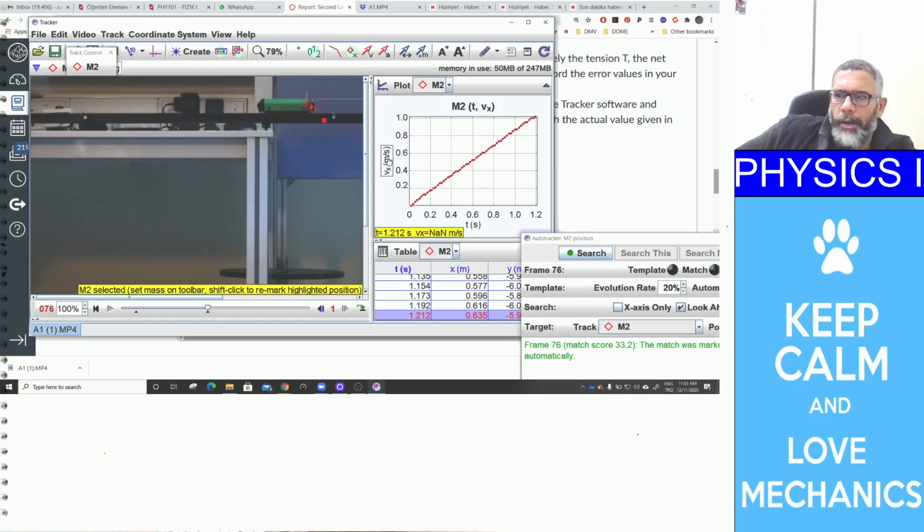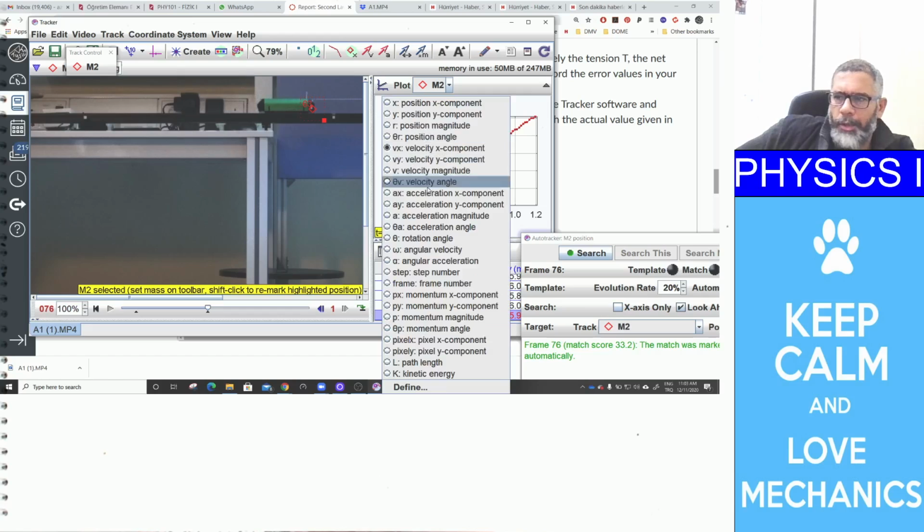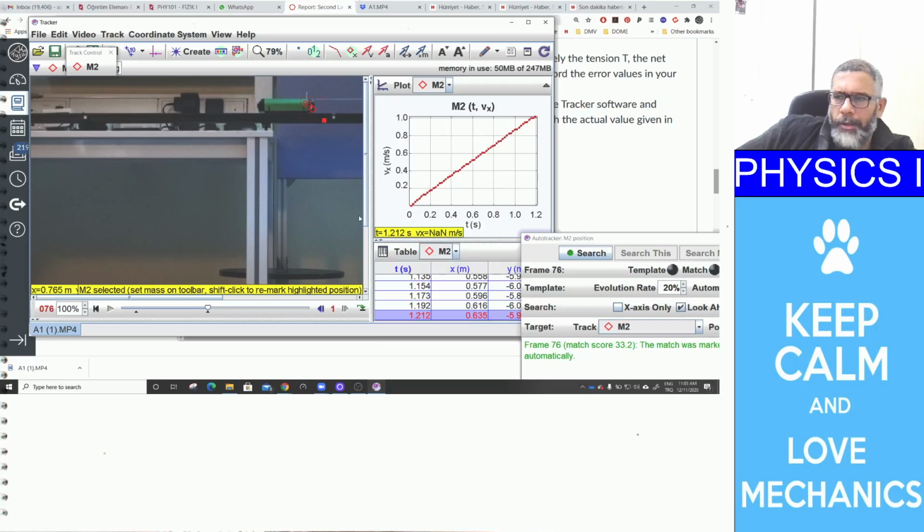So you see, I just pressed on the label for the vertical axis, and I can choose any physical quantity over here. If you choose vx, the velocity of the cart in the x direction, the tracker will convert the position time data to velocity versus time data. And you see, the velocity versus time plot appears to be a straight line.